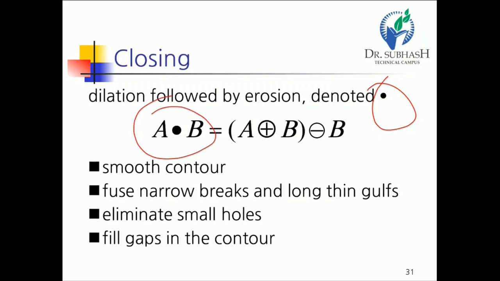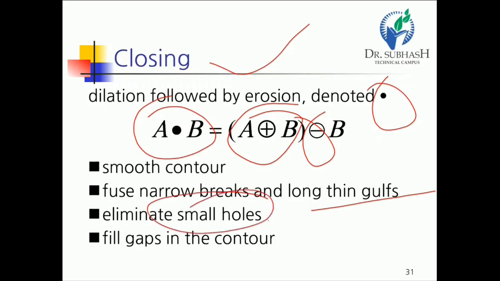So A closing B means first dilation followed by erosion: A dilated by B and the resultant eroded by B. This characteristic is used to smooth the contours, fuse narrow breaks and long thin gulfs, and eliminate small holes. This is the main function of closing in morphological image processing, and it fills gaps in the contour. These are all applications of closing.